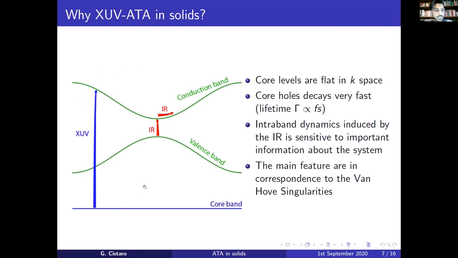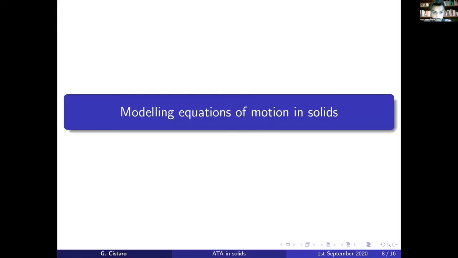So we can really get information that is instantaneous. And moreover, we noticed by making our calculations that the intraband dynamics induced by the IR is sensitive to important information about the system, such as the band dispersion. And finally, the main features of the attosecond transient absorption spectrum in condensed matter appear to be only at van Hove singularities. They are the most important points in the k space.